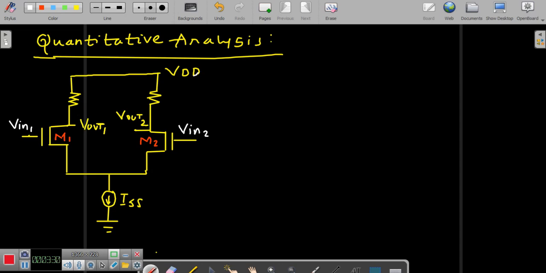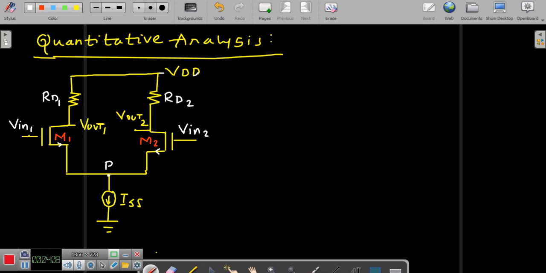This is VDD. So RD1 is equal to RD2, that is equal to RD. That is the reason why I straight away write it as RD1 and RD2 only here. Then these are N type of transistors. This point I would call it as P. This is important for us.